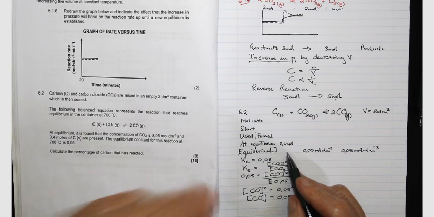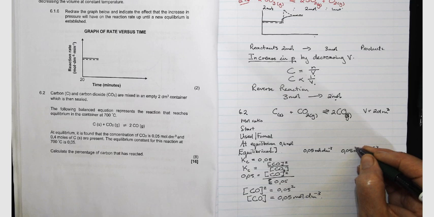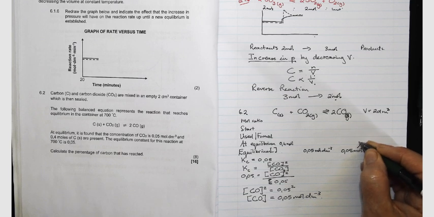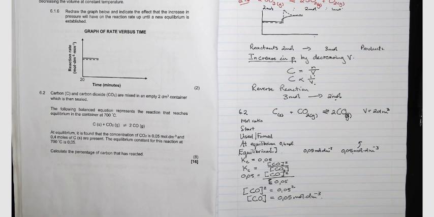Obviously we won't have a concentration of carbon as it is a solid. So to work back from concentration to mole, it means that the 0.05 must be multiplied by 2, and you'll get 0.1 mole. 0.05 times 2 is 0.1.